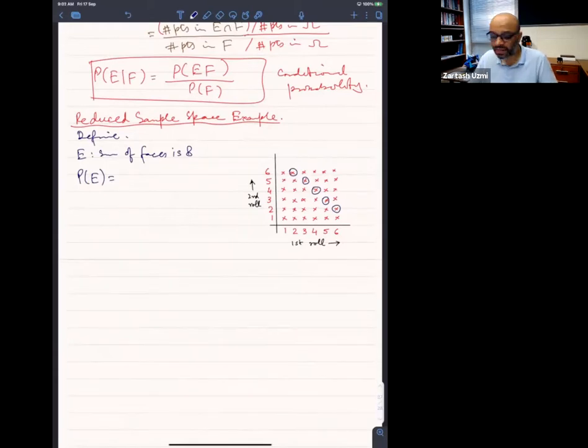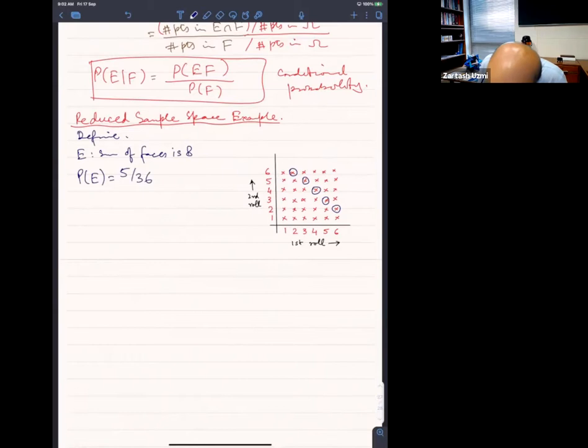These, ये जो मैंने सर्कल कर दिए, these are the outcomes which lead to the sum of the faces to be equal to 8. So what is the probability of E? Answers in the chat window. Just 5 over 36.